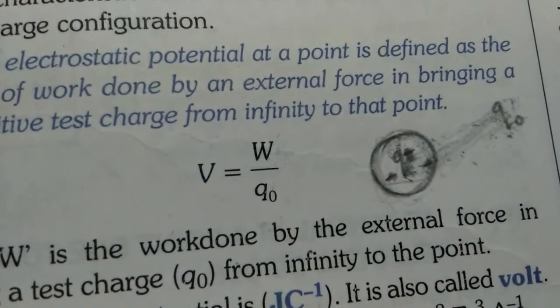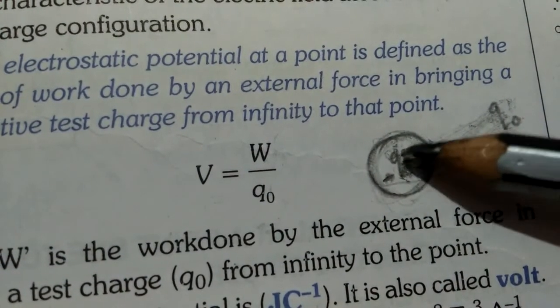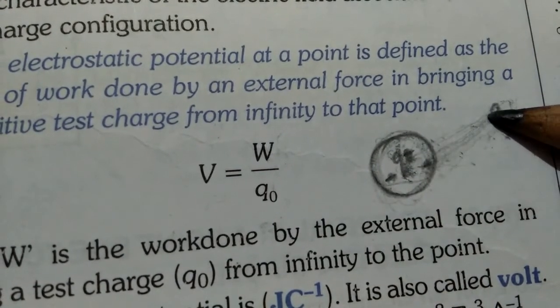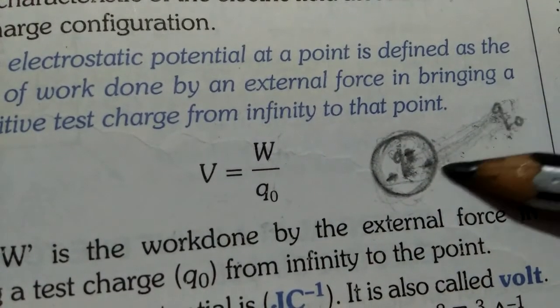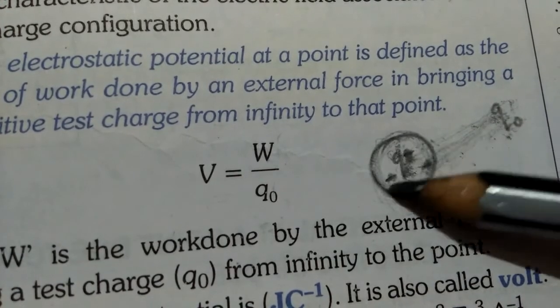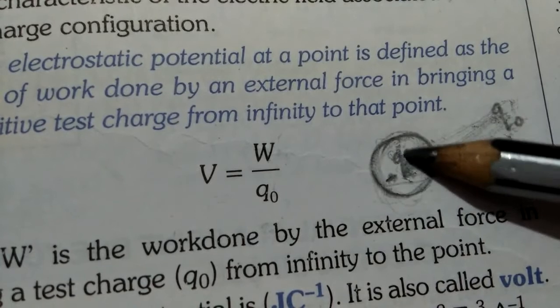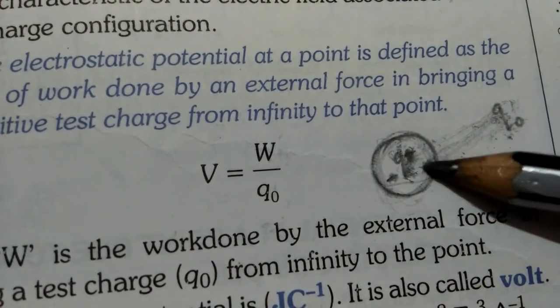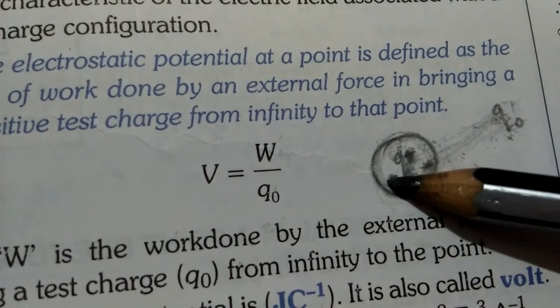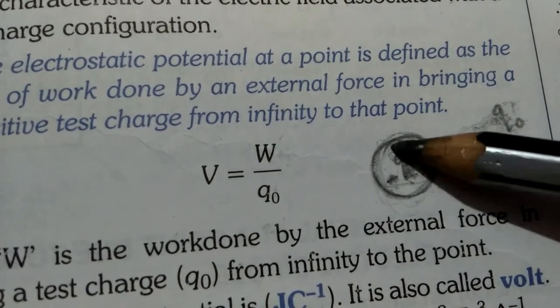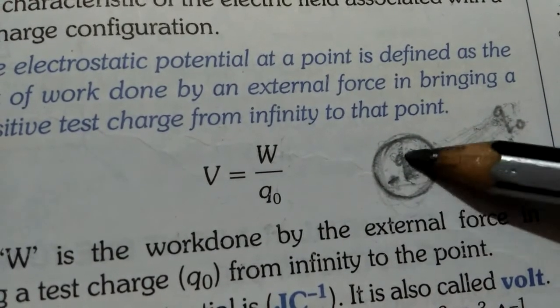Here 3 points are given, and when we move this point charge toward the source charge, at different points we have to do different amounts of work. That means the potential at this point is different from the potential at this point and also at this point. So at each and every point the electric potential is different.